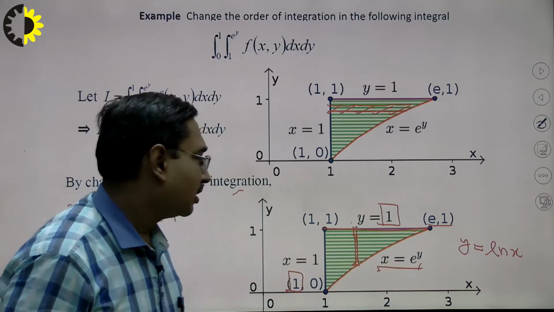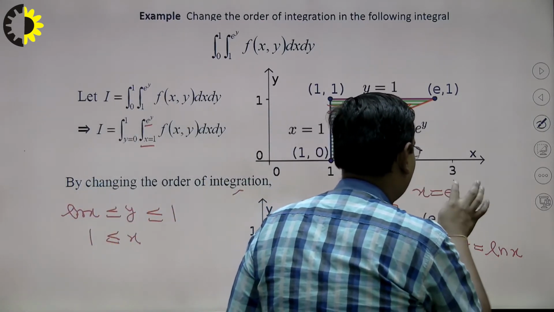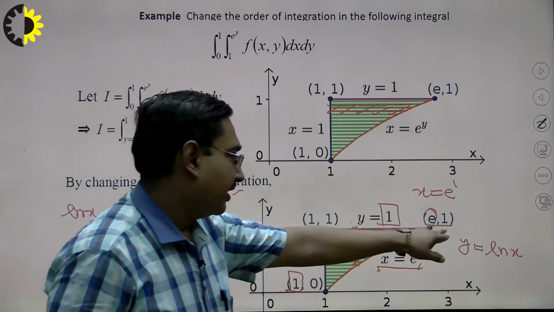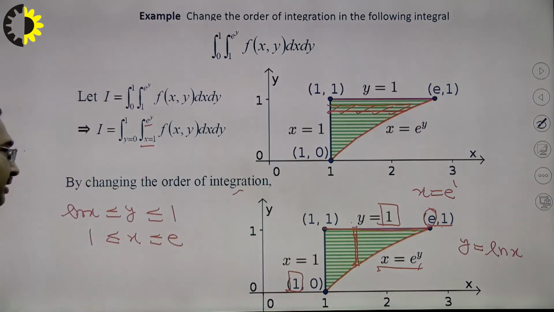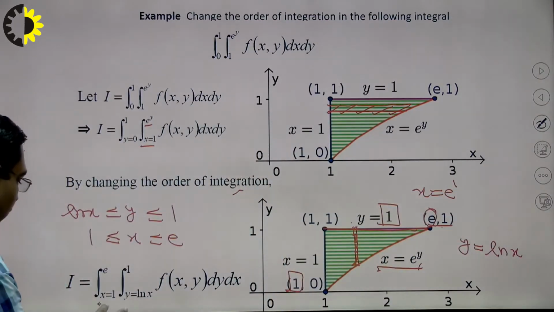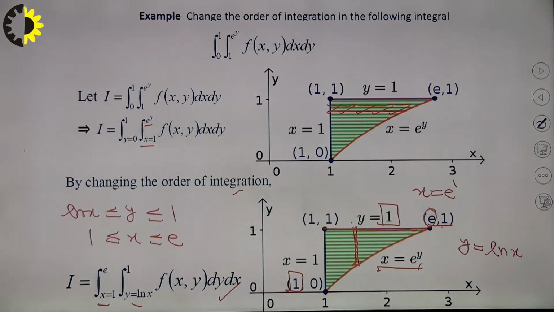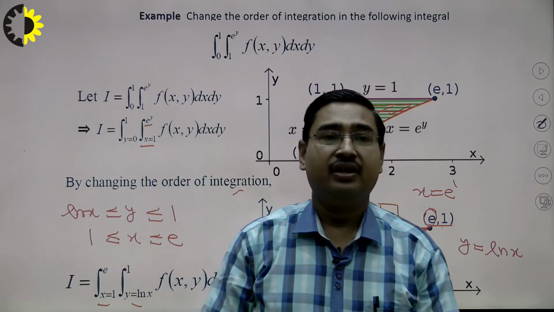If I substitute y equal to 1 in this equation, then I will obtain x equal to e raised to the power 1, that is x equal to e. y equal to 1 is here, so the upper limit of x is e. Applying these limits, our integration becomes x equal to 1 to e, y equal to ln x to 1, f(x,y) dy dx, which is our required integration, obtained by changing the order of integration.